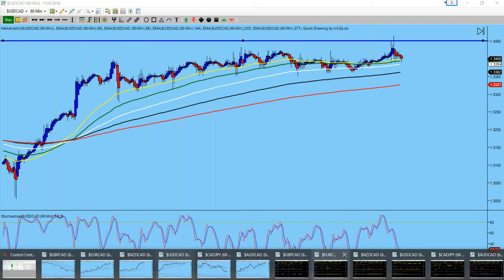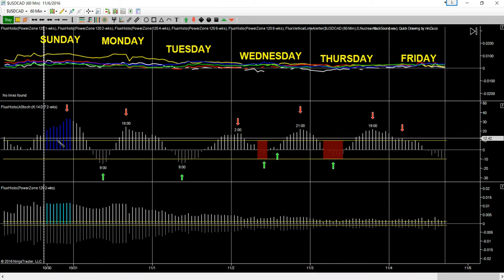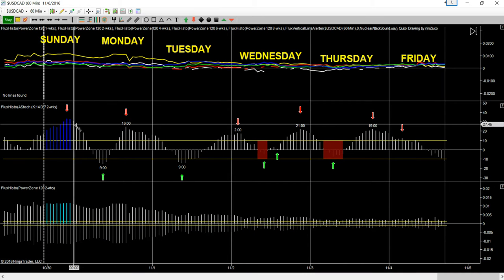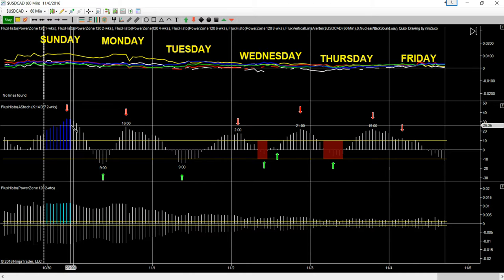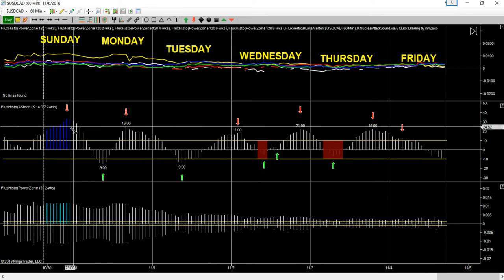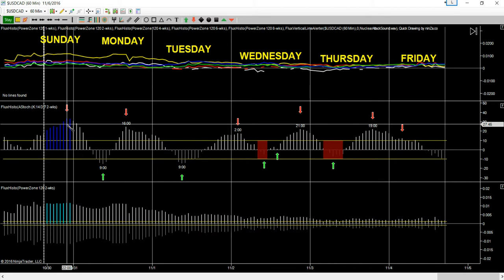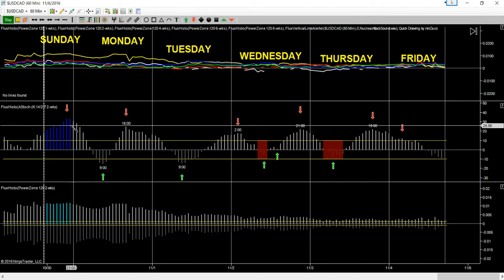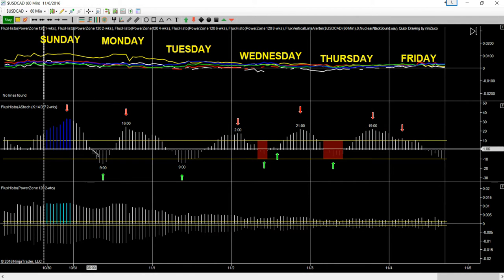I just go to the power zone, and again, this one looks like it's going to peak out. It doesn't have a stamp. Did not print a time signal for some reason. I don't know why, but it looks like between 23 and 2200, which is 10 o'clock and 11 o'clock on Sunday, it looks like we're going to go down from there.